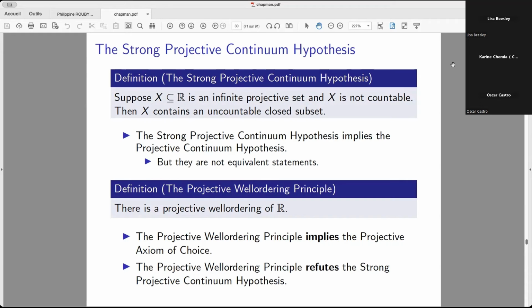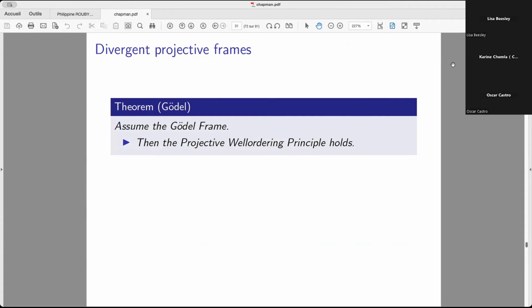The projective well-ordering principle refutes the strong projective continuum hypothesis. It's just projectifying the proof that if the reals can be well-ordered, there's an uncountable set of reals that doesn't contain an uncountable closed set. So you can take classical arguments and localize them into the projective domain.